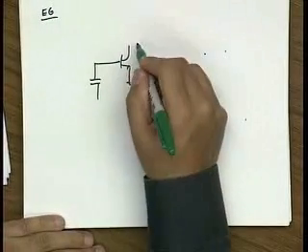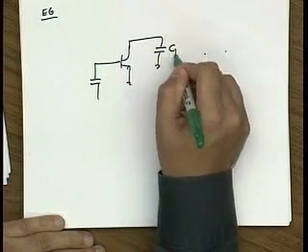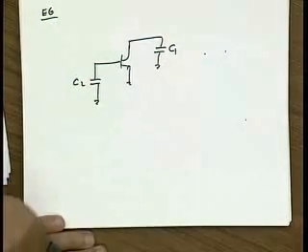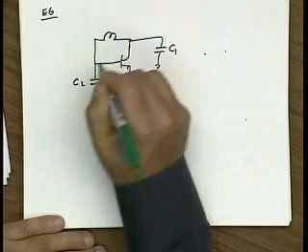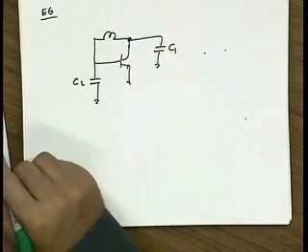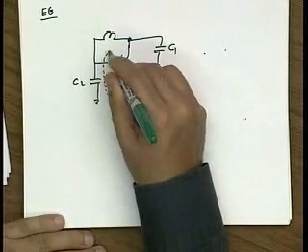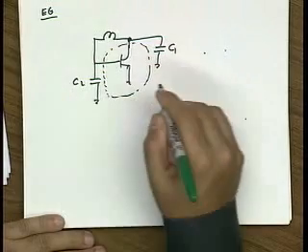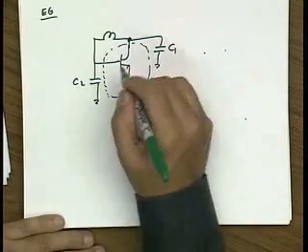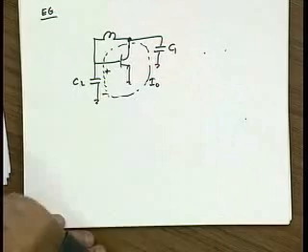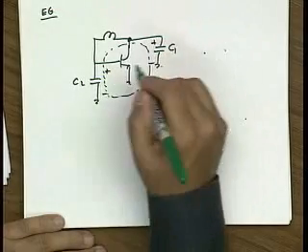So here's a Pierce oscillator, C1, C2, and I have an inductor here. And I know that in a Pierce oscillator there's a resonant current I0 flowing here that generates a V in and a V out.